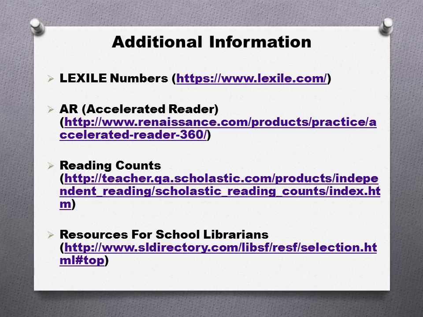This slide is just some additional information. I talked about Lexile numbers. If anybody's interested in how to Lexile your books, then that's a good site. That's part of Common Core as well, that all books should be Lexiled, so students are able to read at their level. I have AR, which is Accelerated Reader, and Reading Counts.